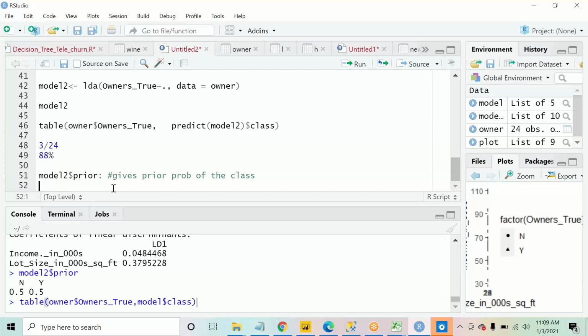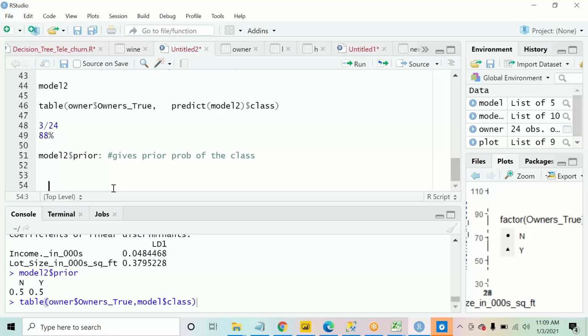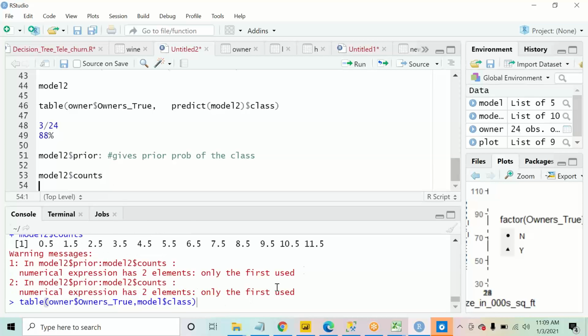Then another piece of information that this model generates is the count. Model 2 dollar counts. If you see, it basically gives the count of each of the classes over here.